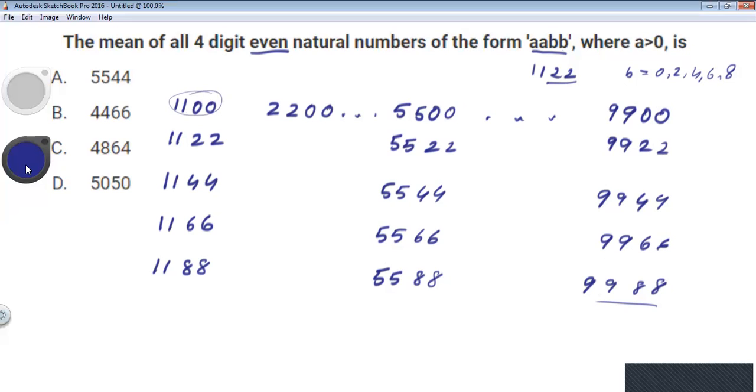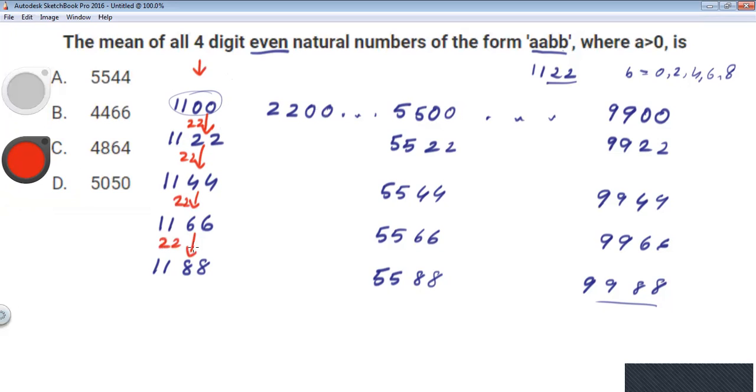One thing you need to understand is, let's consider these as columns. In one column, the difference between the numbers is nothing but 22. This is 22, this is 22, this is 22, and this is 22.